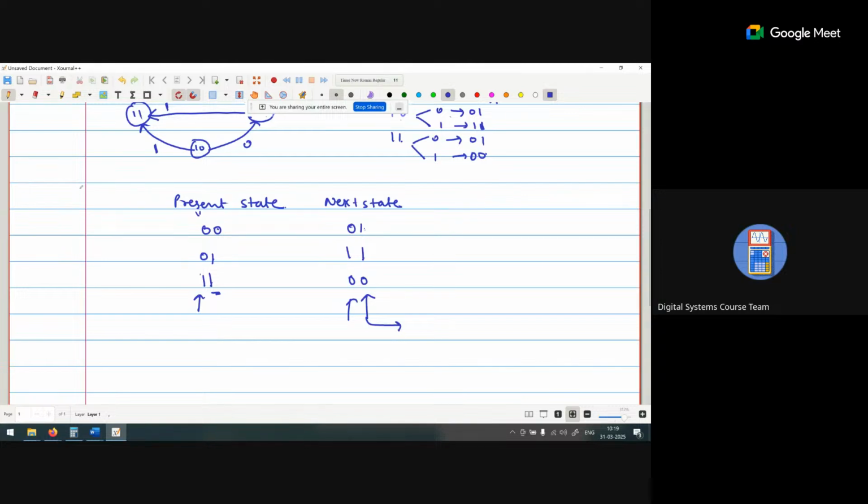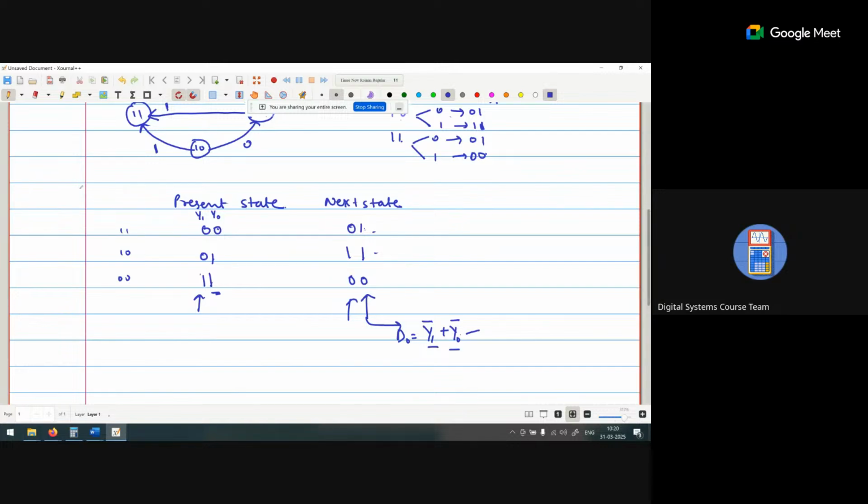If it is here, y1, y0. So can I write a y1 plus y0? Addition of these two positions. So what is next, D0 is nothing but y1 bar plus y0 bar.